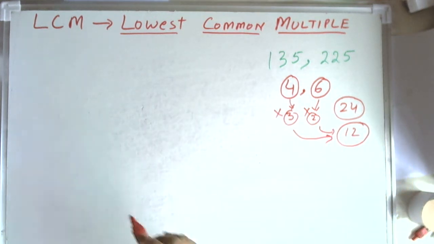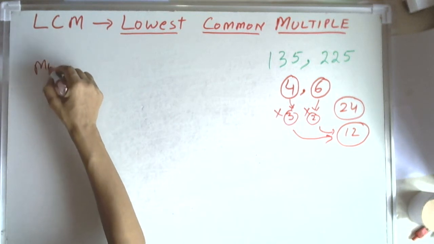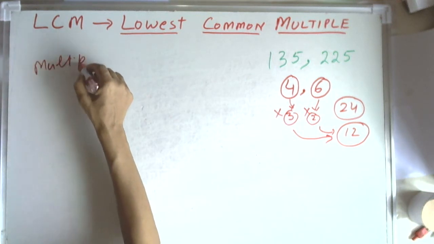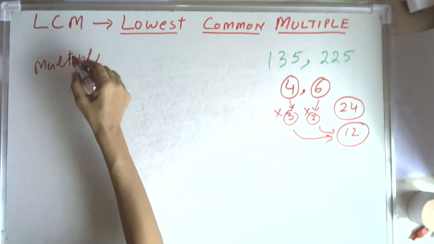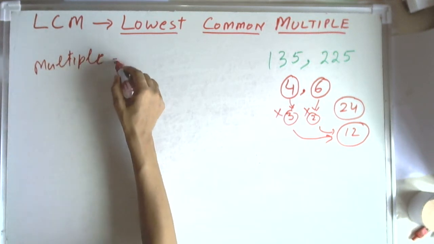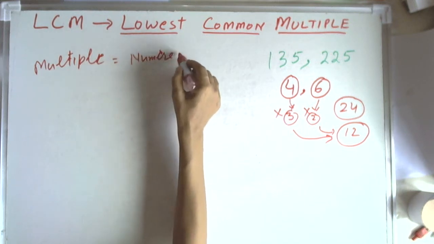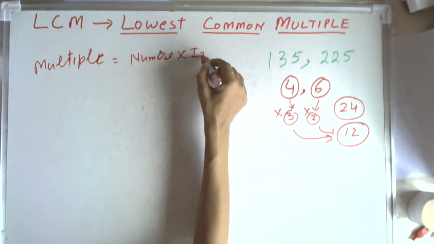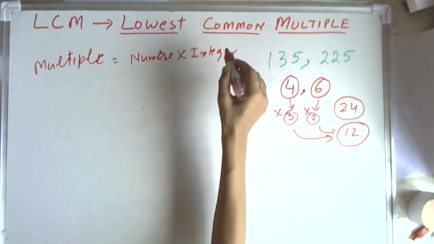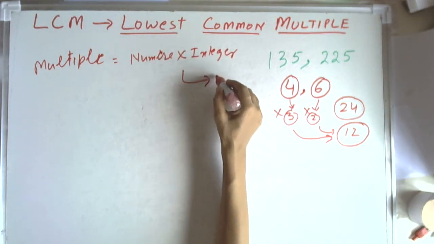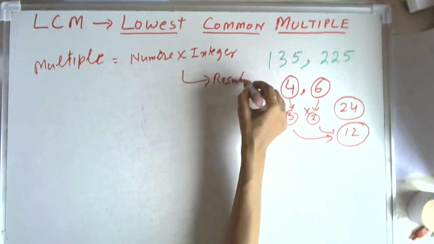So let us understand what a multiple is now. Multiple means that a number is multiplied by an integer, and then the result is the multiple.